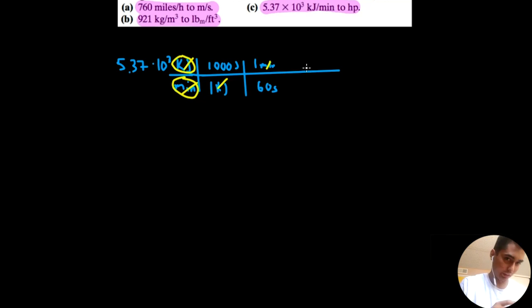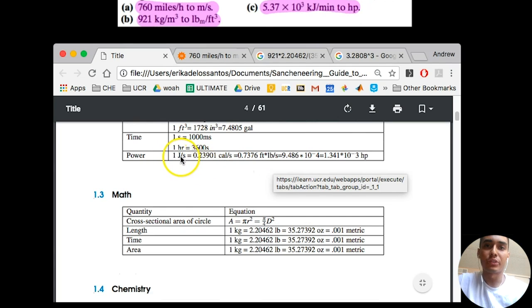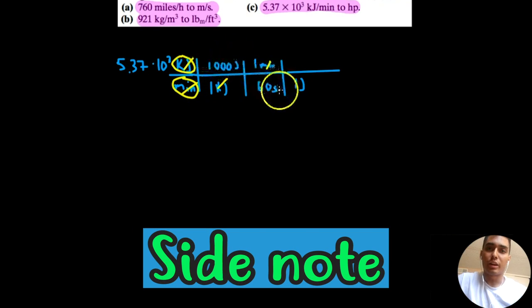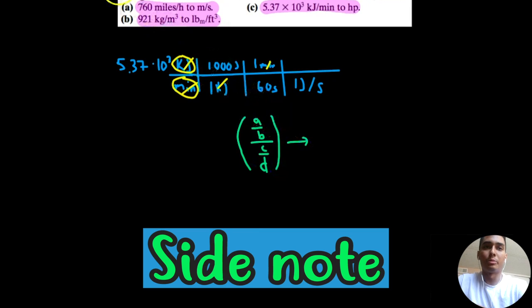If you get stuck, then try to watch the video. So 1 joule per second is equal to 1.341 times 10 to the negative 3 horsepower. Here we have joules on top and seconds on bottom. So I'm going to cancel it out by putting joules on bottom, and if I divide, that means the second will be on top, right? Remember this little metric, guys and gals?